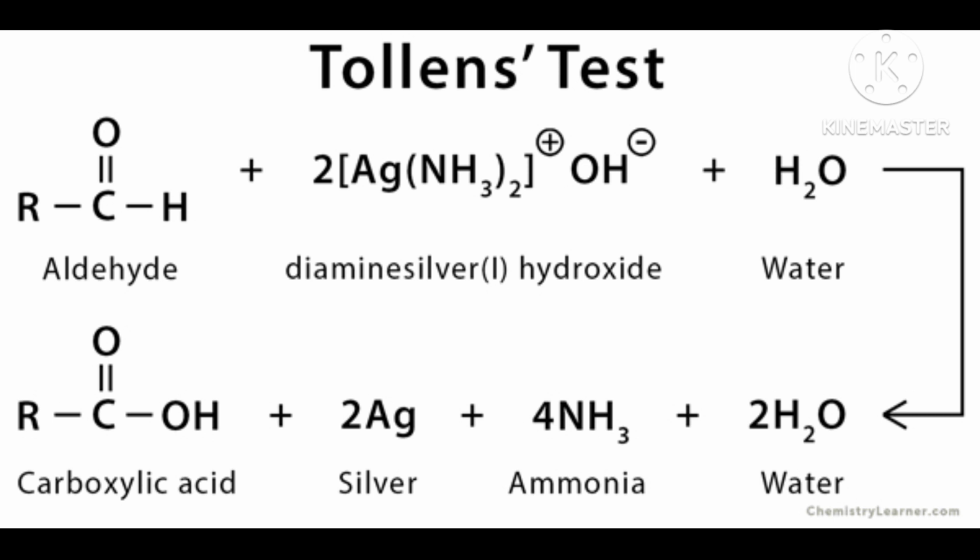It will have 2 electrons, then it will go to the first part of the RCH2, and the 2 electrons of oxygen and 2 electrons of carbon will make a double bond, clear?